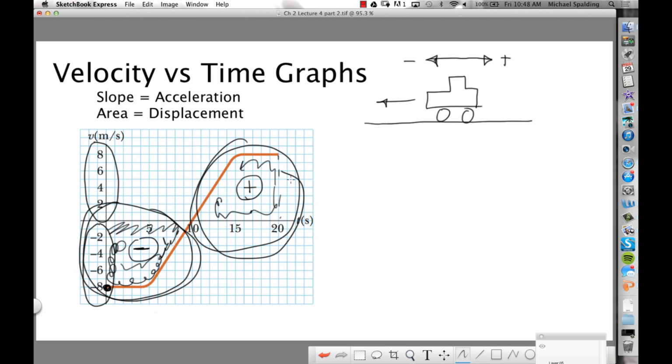And then it reaches a constant velocity at 15 seconds, moves at a constant velocity, and then we don't know what happens after t equals 20, right? But basically this object moves to the left for 10 seconds, it stops, and then starts to move in the positive direction, and it must return to the starting point because the negative area is equal to the positive area. Okay? All right, 3 questions and then we're done.